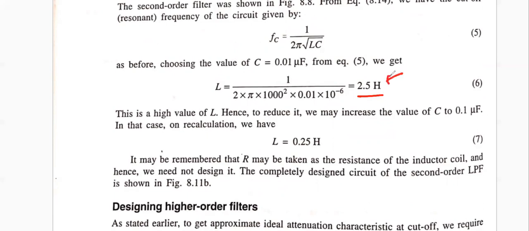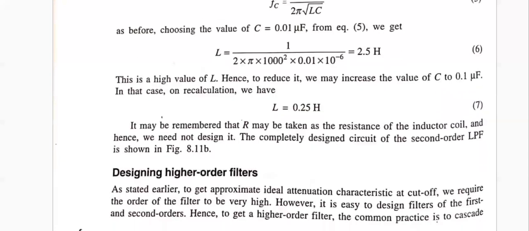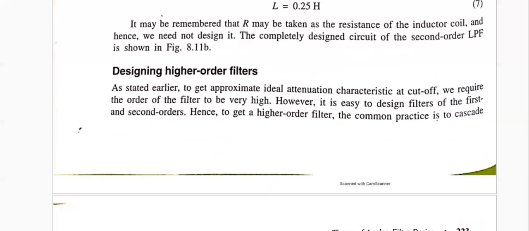A very high value of L will produce some noise and heat as well. So we can choose our values in such a way that L is not more than 1 Henry. It should be less than 1 Henry if possible. So we can control those values as well.